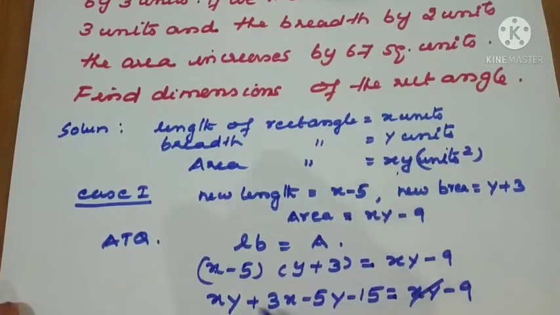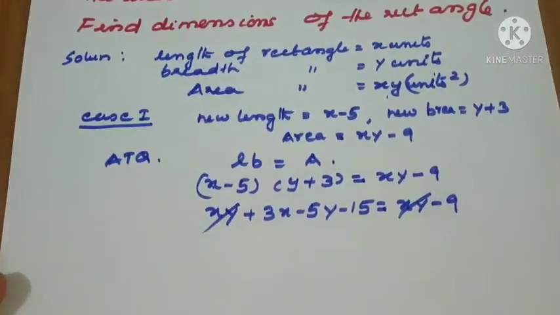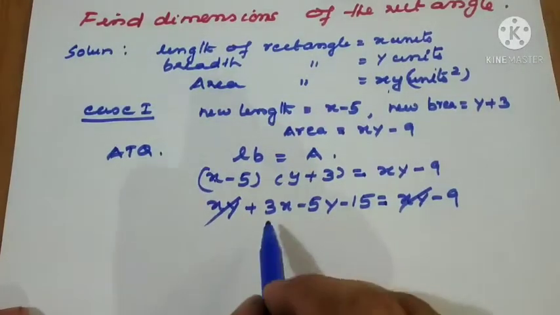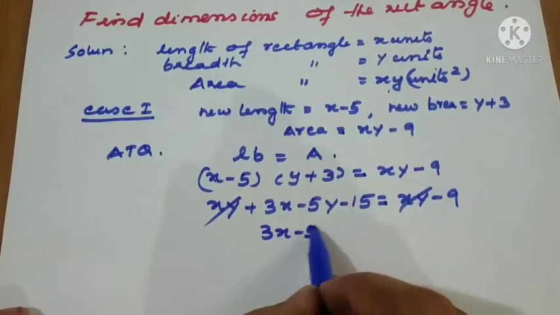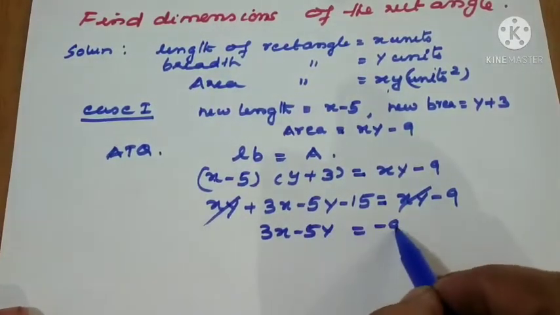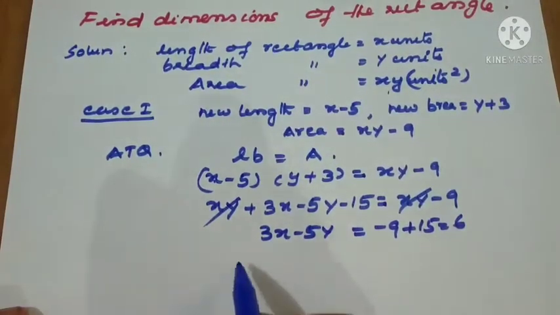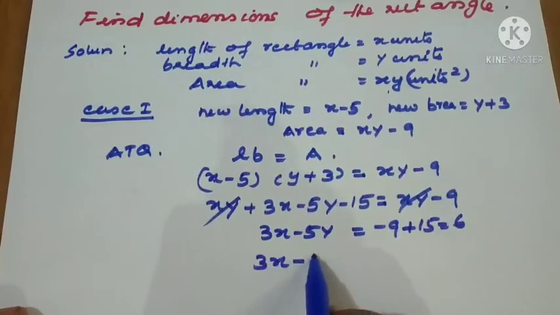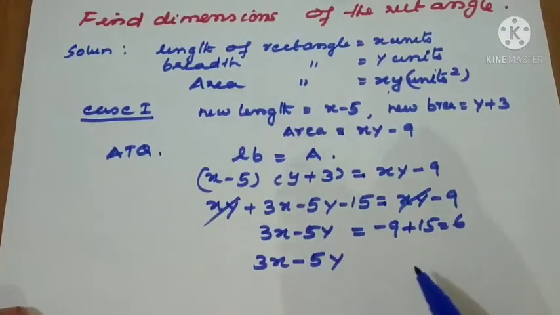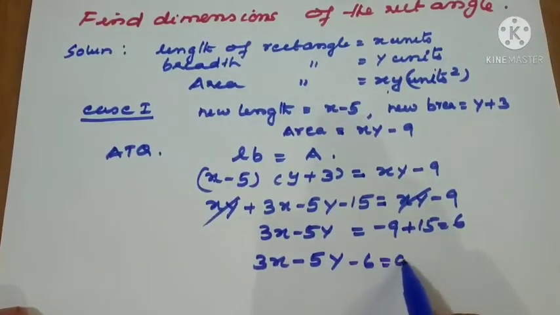Both the sides xy is there, so it will get cancelled. What is the next step? 3x minus 5y equal to minus 9 plus 15, that means equal to 6. So I got the equation. Standard form only I am writing. 3x minus 5y minus 6 equal to 0.